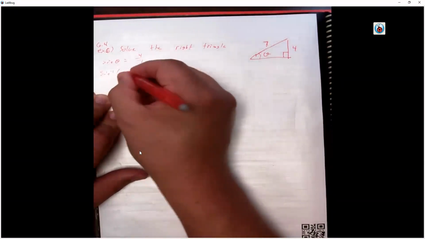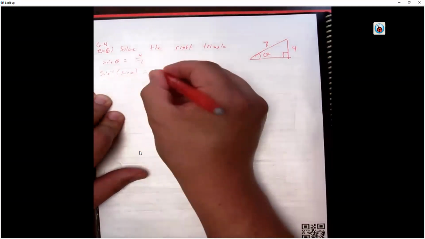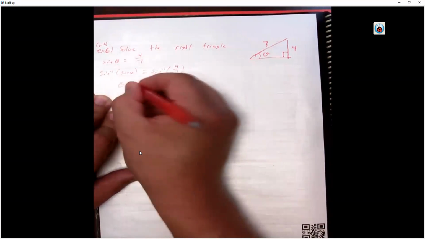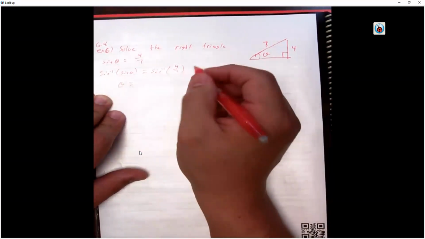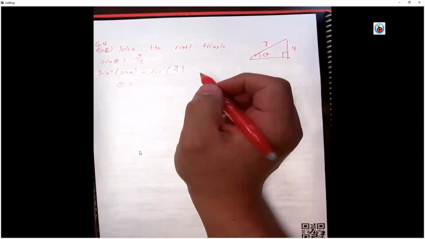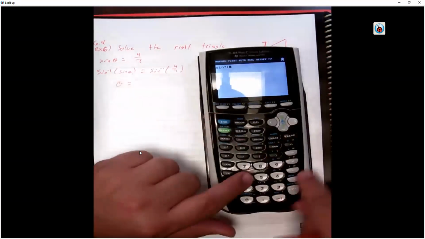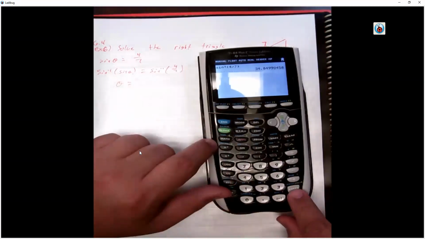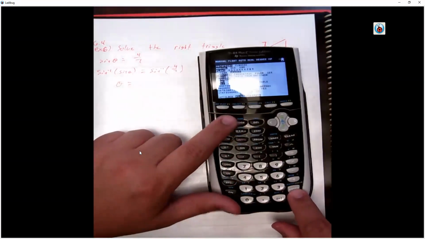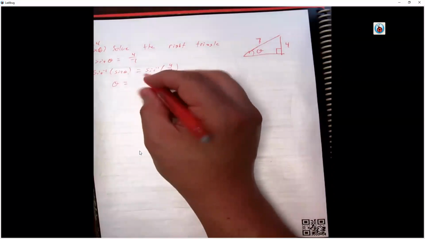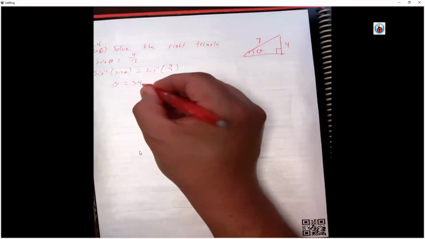Sine inverse of both sides. Theta is equal to sine inverse of 4 over 7, whatever that is, let me see. So about 34.85.